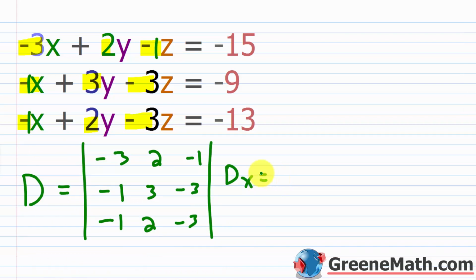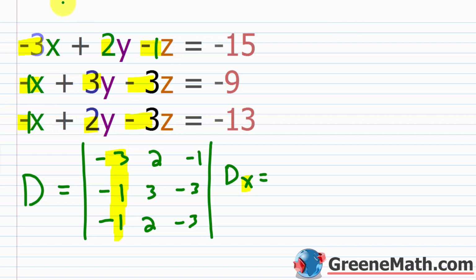Essentially what I do is I take this matrix right here and I take the column where the coefficients correspond to the variable that I'm looking at. In this case, it's x. If it was y or z, you've got to look at the column that corresponds to the coefficients for that variable. In this case, I'm looking at this column because it represents the coefficients for the x variable.